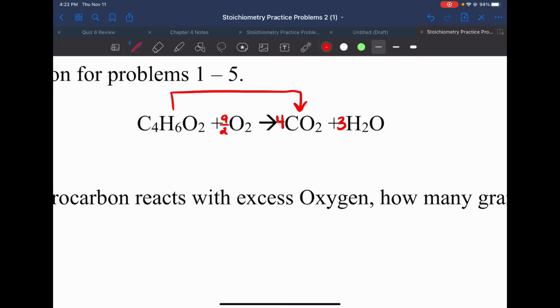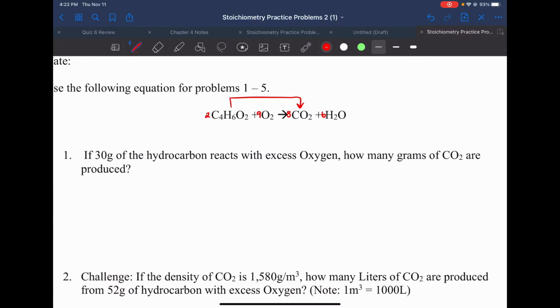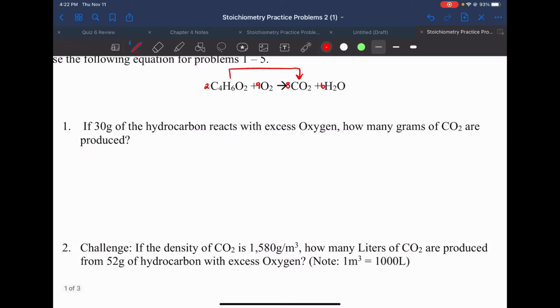And we can't have half, so I have to multiply every term here by 2 in order for us to cancel that out. So it's 2, 9, 8, 6. So this is now balanced. If you don't believe me, check the work, okay? Now that we have our balanced reaction, let's go ahead and try the problem. So pause now if you'd like to try number 1 on your own.